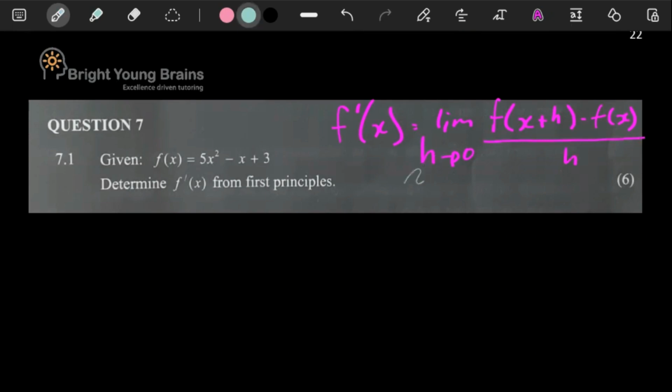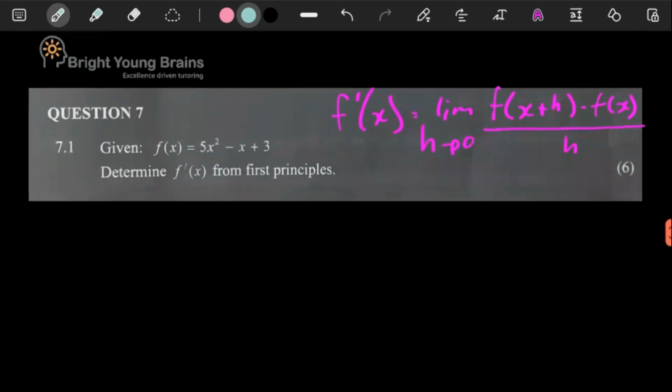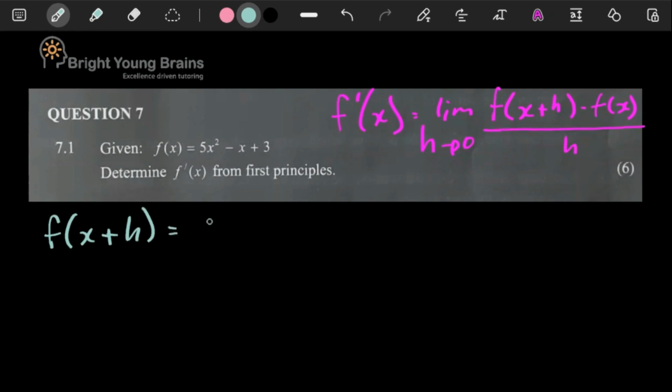Wherever x is in f of x, you have to put x plus h in there. You can get an expression for f of x plus h first, and then you can minus f of x. So wherever x is, I'm going to throw in x plus h, that's squared, and then x plus h, and then plus 3.